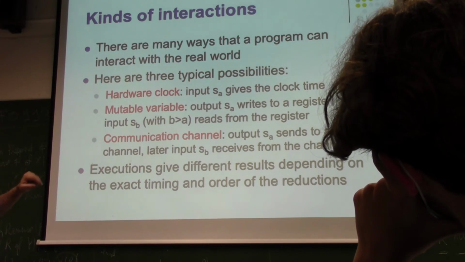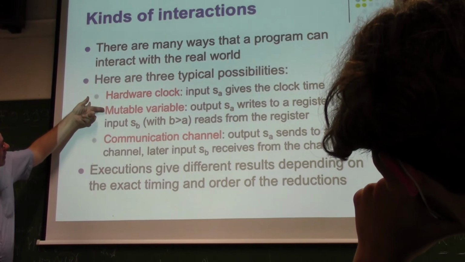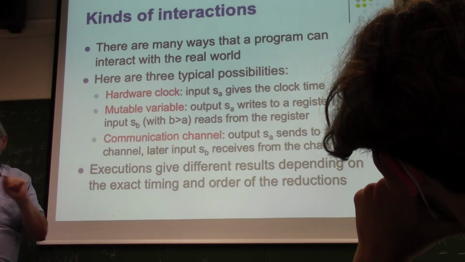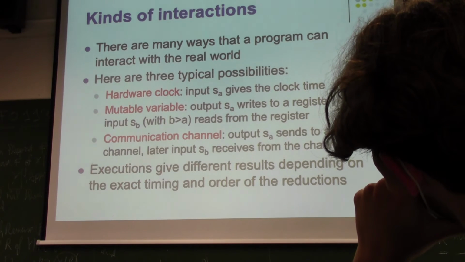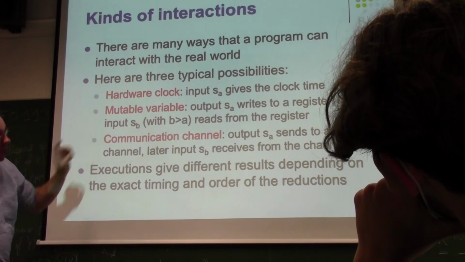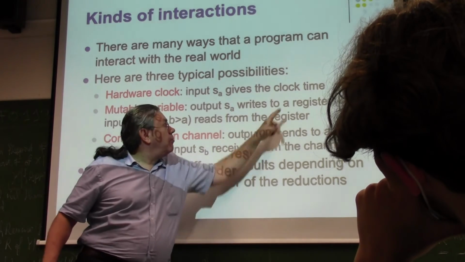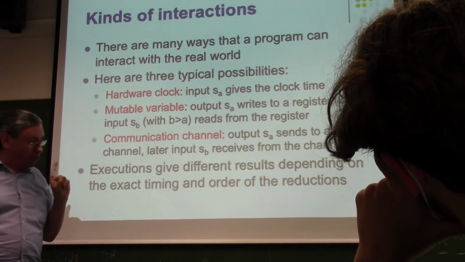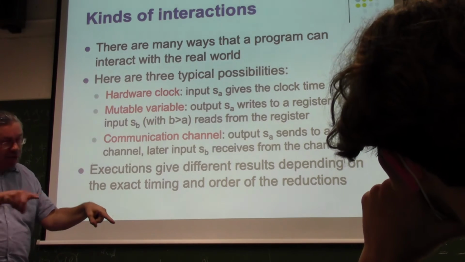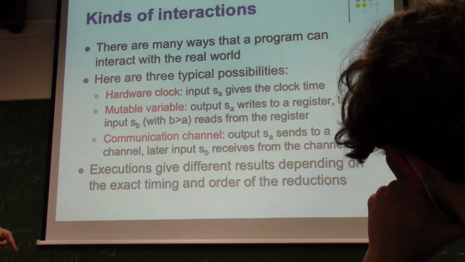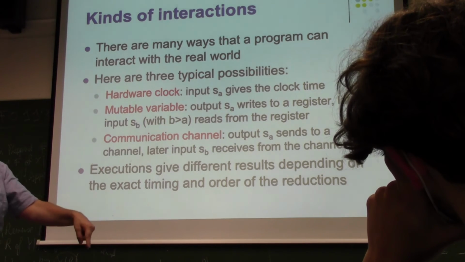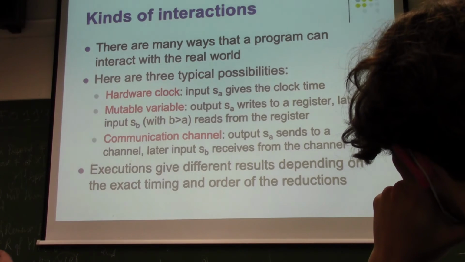Okay? But even things so simple, like a mutable variable, a variable that you can update more than once, that's non-declarative. It's like you write to the variable. I call it a register here, but it's any variable. You write, and later on you read. So the writing is leaving the reduction, and the reading is information coming from outside.